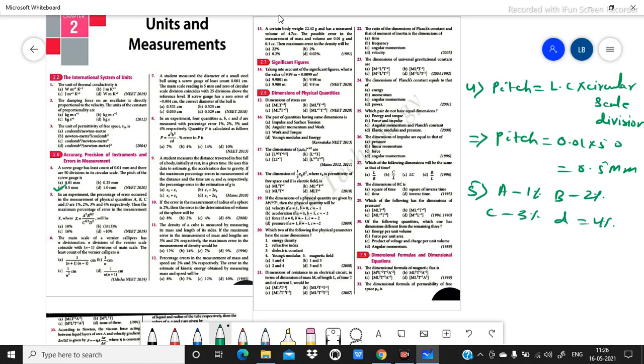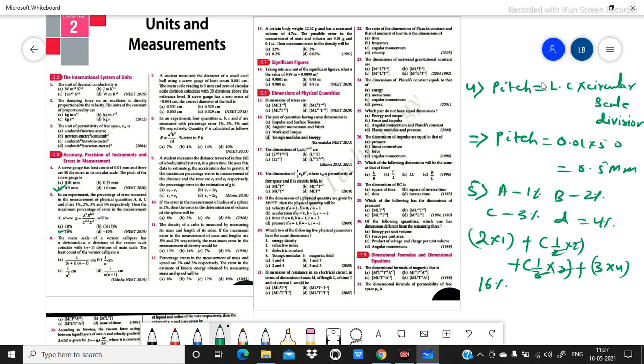A power is 2, so 2 into 1, plus B power is half, so half into 2, plus C power is 1 by 3. Whether it is in the numerator or denominator, you have to add only. So power is 1 by 3 and error is 3, plus D power is 3, error is 4. So it is 12, this cancels out, this cancels out, 14 and 2 is 16. So the answer is 16%. The correct answer is C.